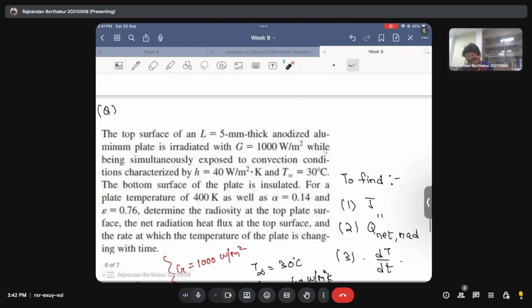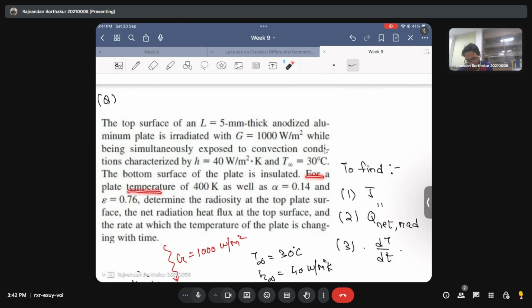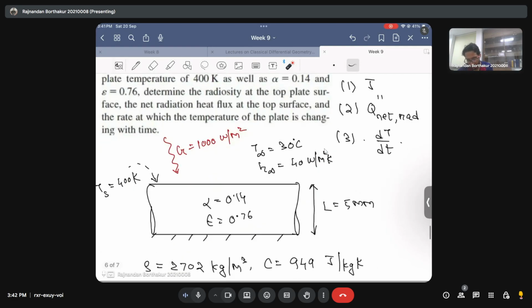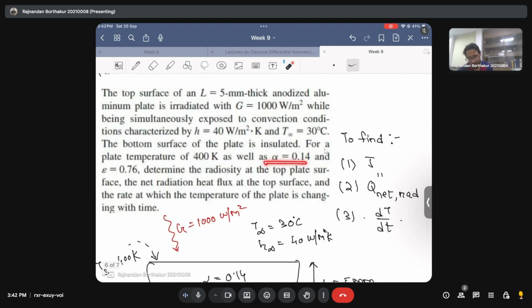Then it says that for a plate temperature of 400 Kelvin, that means you can assume the surface temperature of this plate as 400 Kelvin, its absorptivity alpha is equal to 0.14 and emissivity is 0.76.